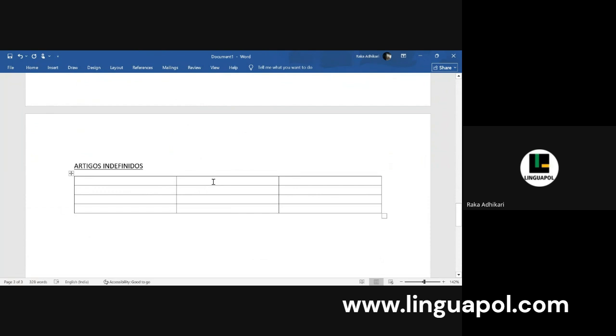Let's have a similar table. The masculine singular indefinite article is um, and in plural it is uns.